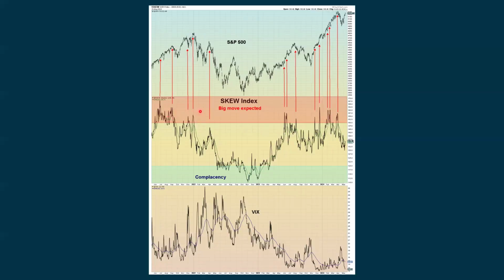I've tried to mark the spikes in here and then what the market did after that. You can't say we're going to go down or we're going to go up, because sometimes it does mark a top, other times it marks a bottom, other times it's just a continuation as the market is moving in the same direction. Right now, we're just about in the middle, so we're really not getting any insight from this chart.